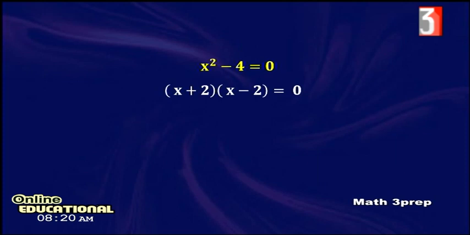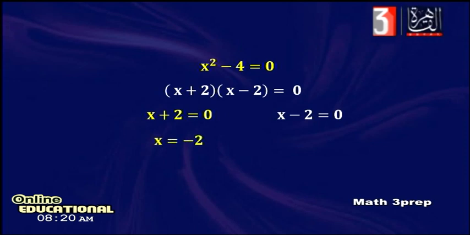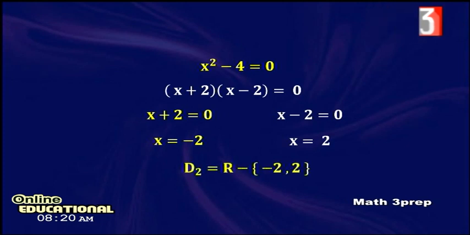Two terms multiplied by each other equals 0. Either the first one, x plus 2 equals 0, or the second one, x minus 2 equals 0. So we can say that x equals negative 2 or x equals 2. Then domain number 2 equals R except {negative 2, 2}.